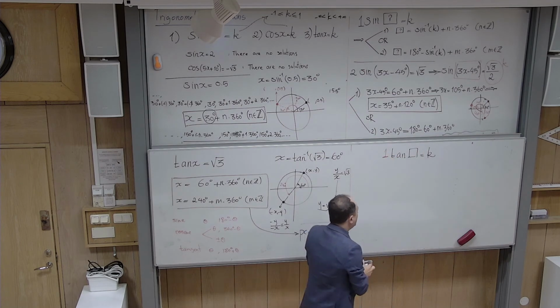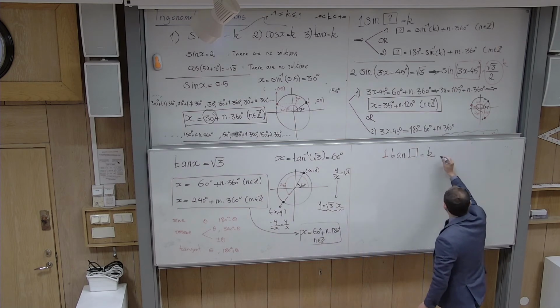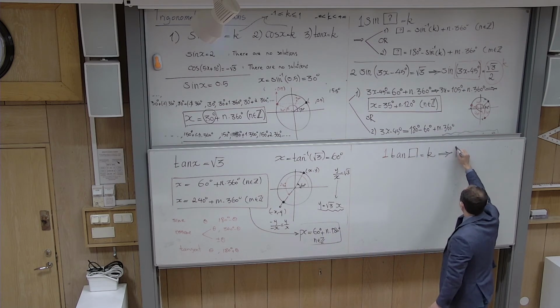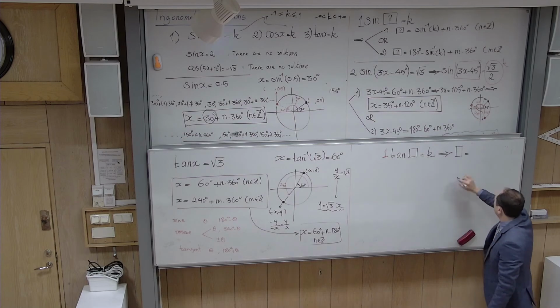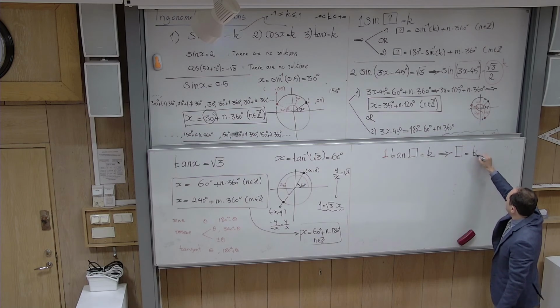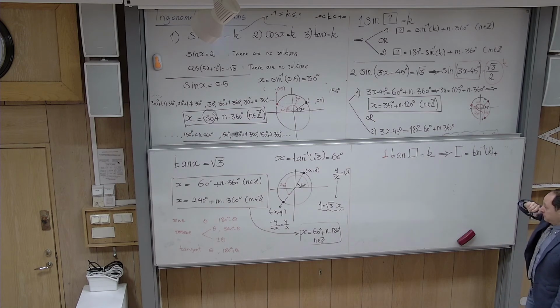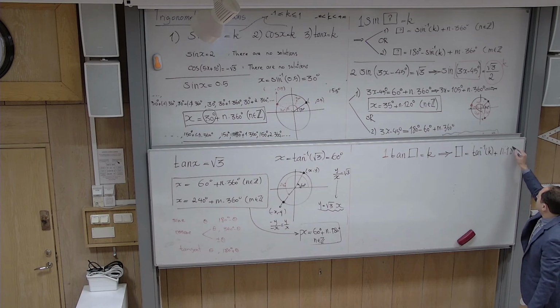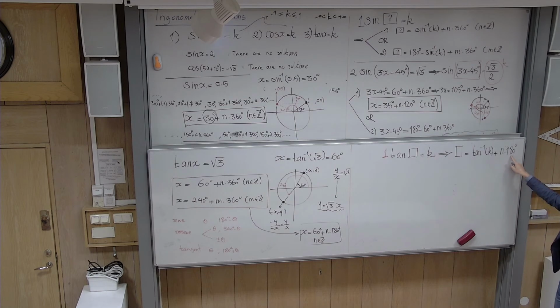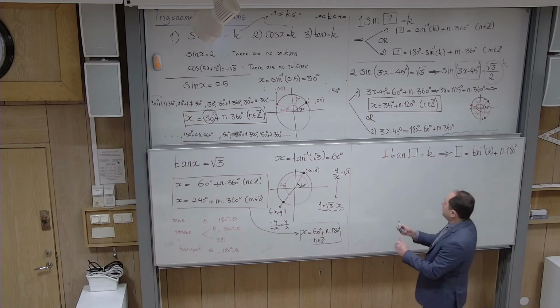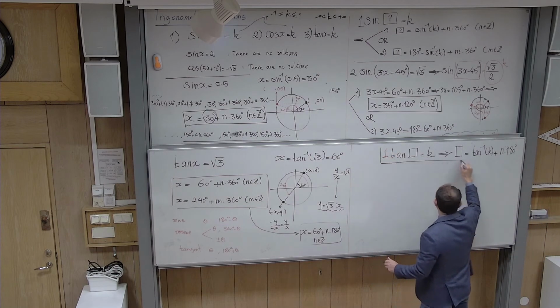Now how many formulas do I need in this case? Only one formula. So the box is equal to, as usual, tangent inverse of k, but if you want to write it in the one formula format, you remember, in contrary to sine and cosine, where we always put 360 degrees, we have to put 180 degrees. So that is the final formula for today's lesson.